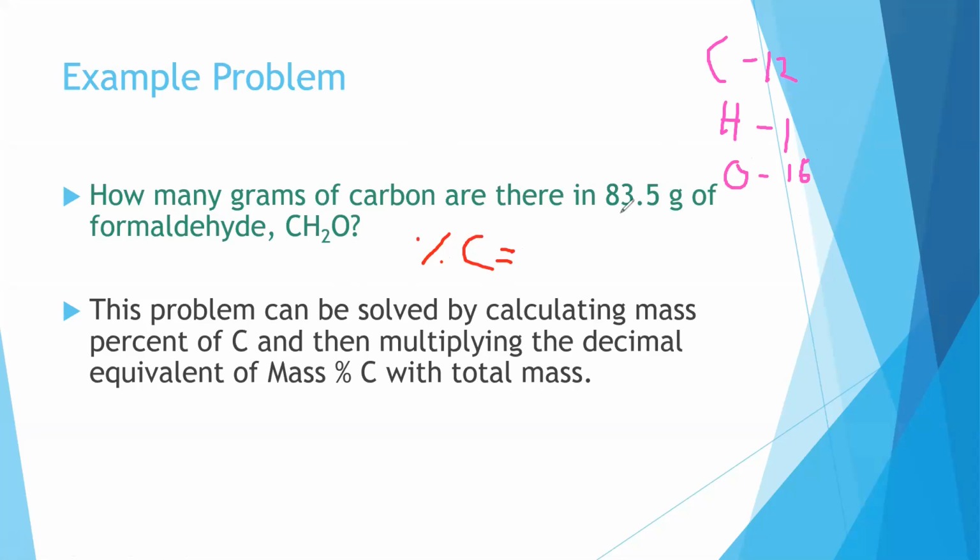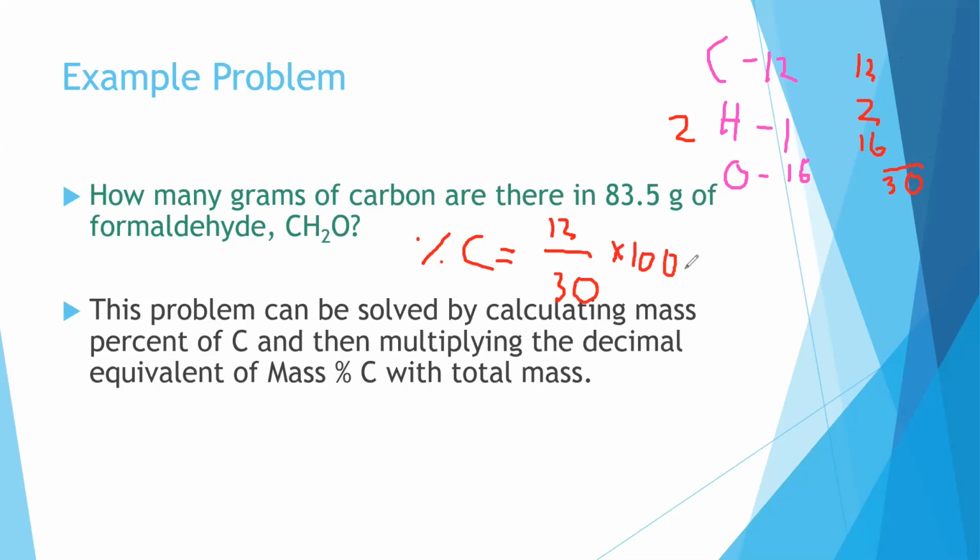So the mass of carbon is 12. The total mass is, so there's 2 hydrogens and 1 of everything else. So that's 12 plus 2 plus 16. That's 30. So 12 over 30, and then times 100.